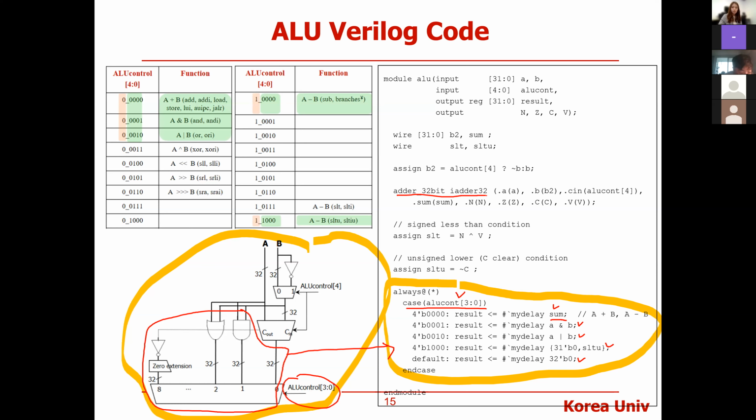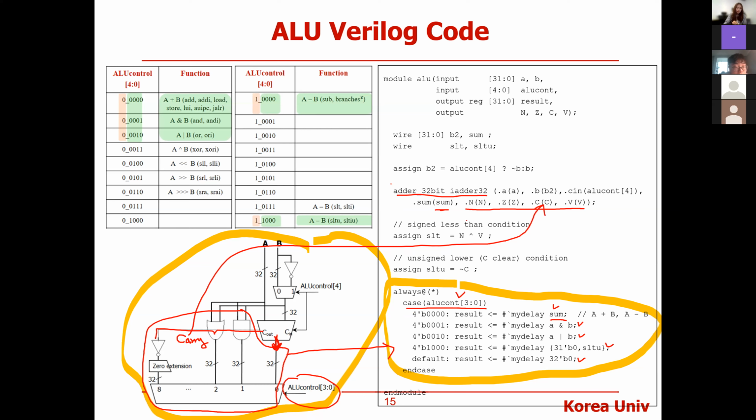And we assume a 32-bit adder. A 32-bit adder is provided in the library, or you can design it yourself, right? The reason why I created my own adder is because of this output. In addition to the sum output, I want to generate the NZCV flags, that is the carry flag. For example, this one is C, the carry flag.